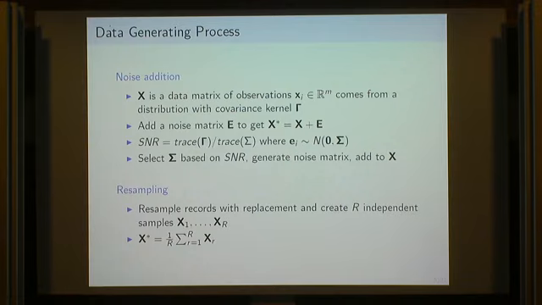As noted by some other authors, we then take the average of all the generated matrices. But if R goes to infinity, if R becomes sufficiently large, then in fact we are replacing each element of the matrix by the average of the variables. So this converges to the mean.